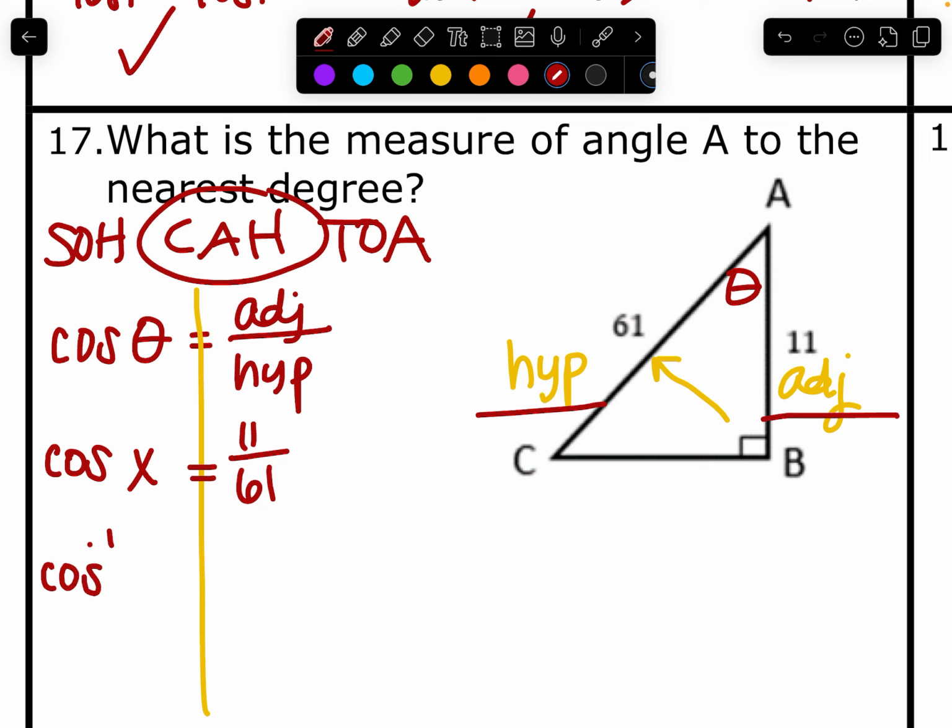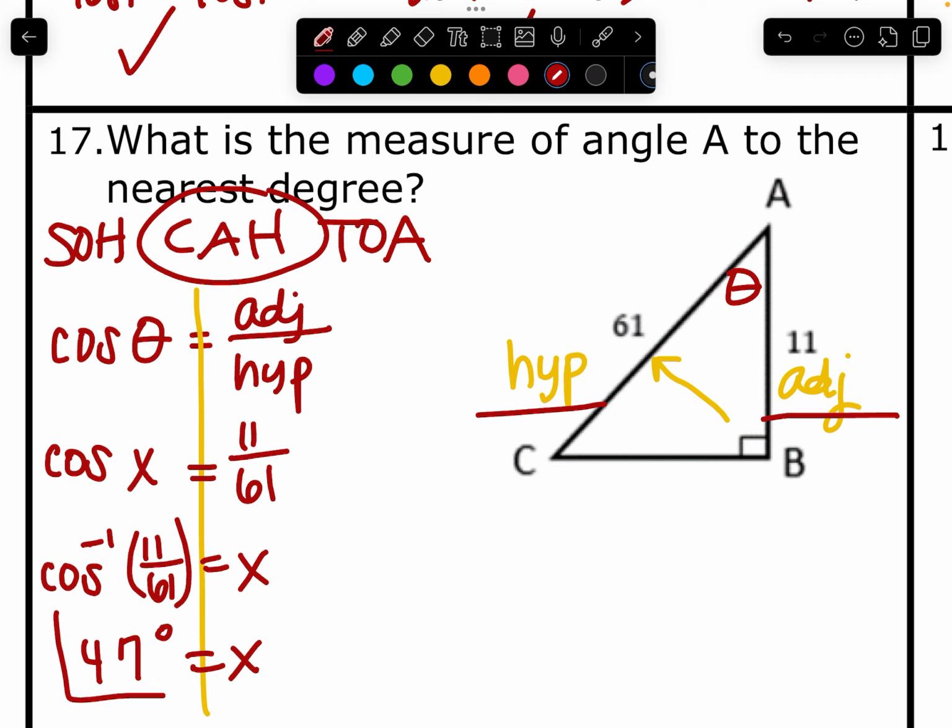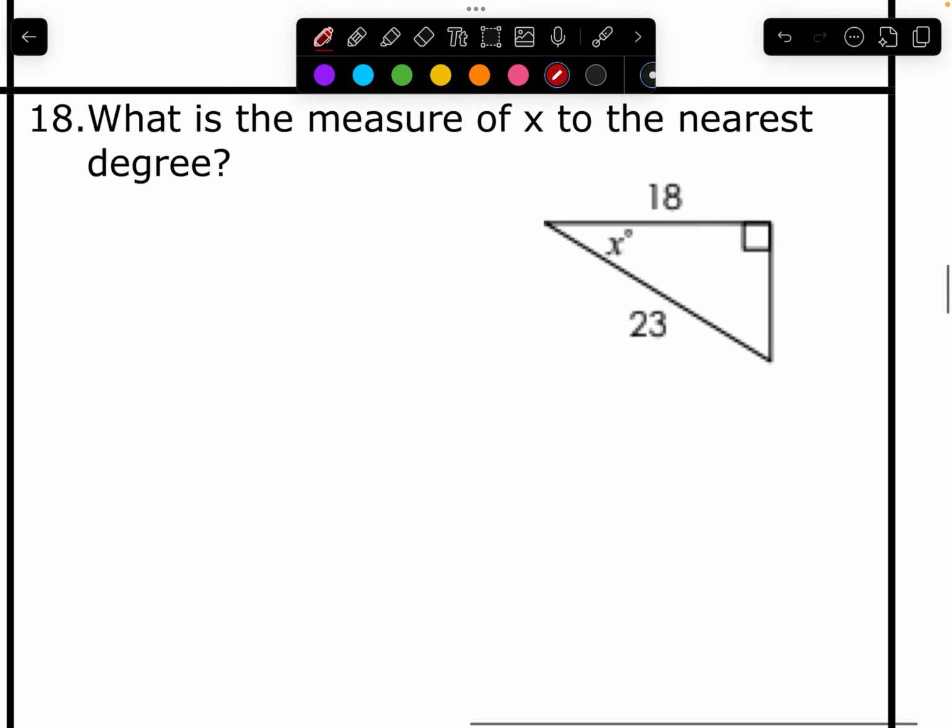So cosine inverse of 11 over 61 equals X. So when the angle is missing, use the inverse. You're going to type that into your calculator pretty much exactly how it looks. Just don't put the equal sign, don't put the X. All right, so that'll give us 47 degrees because we're rounding to the nearest degree. Go ahead and try number 18.